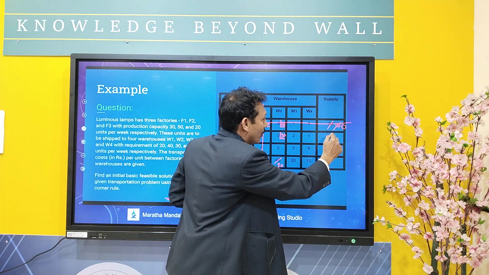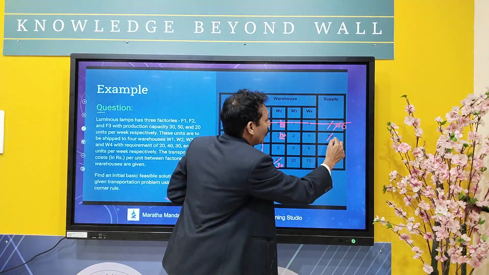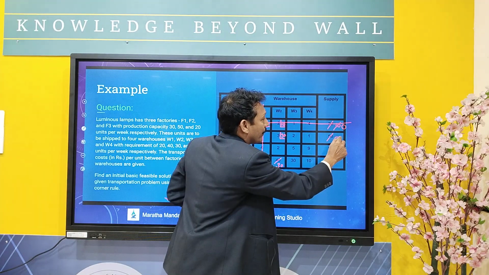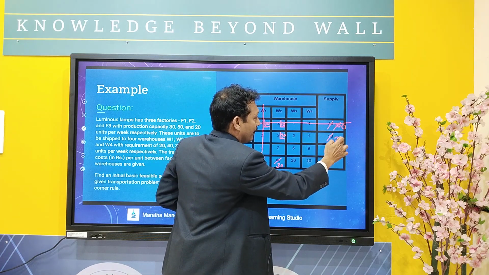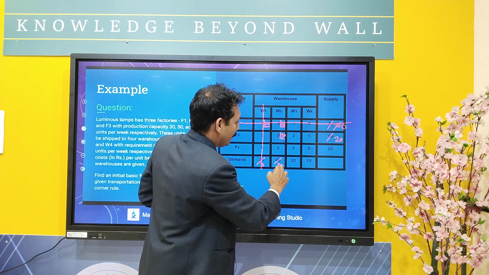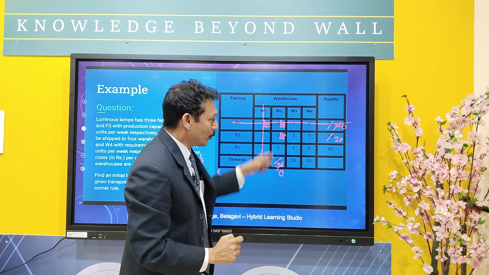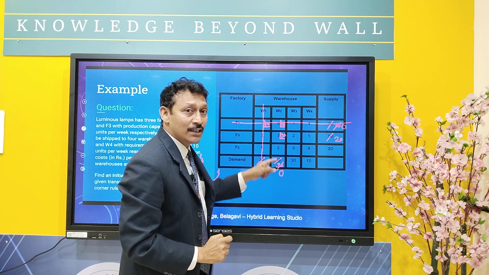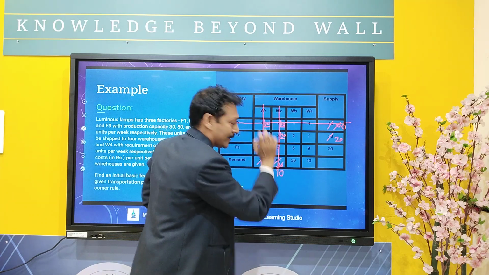From the 50, 30 has gone to this warehouse, so 20 remains. After putting 30, the W2 warehouse demand is fulfilled, so this is scratched out from the matrix.